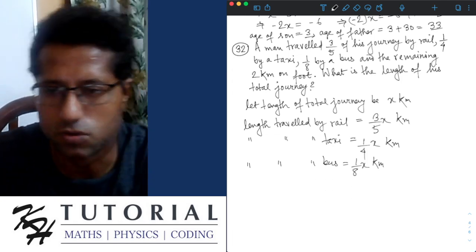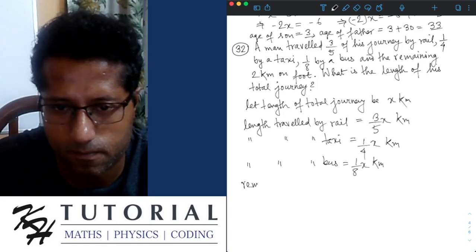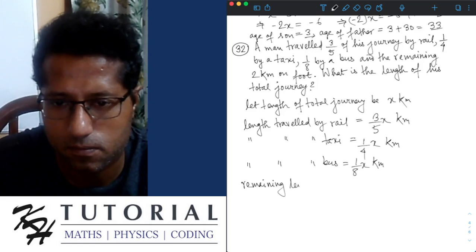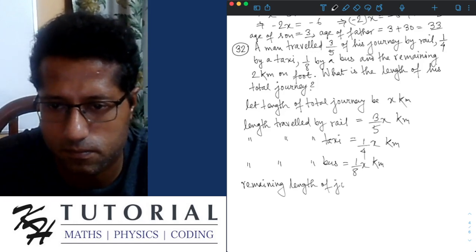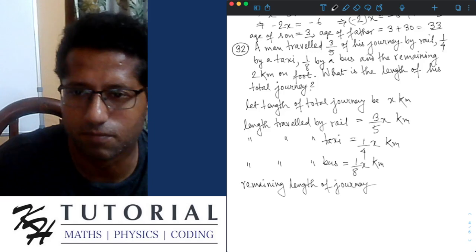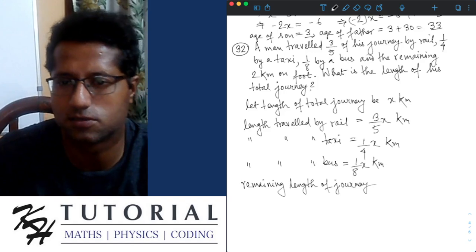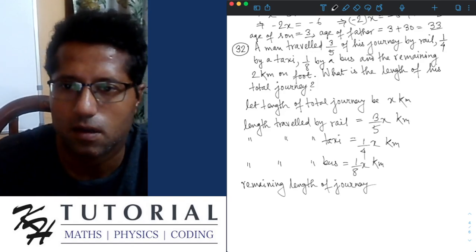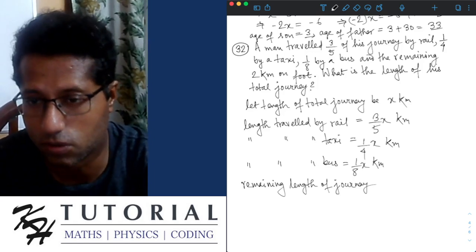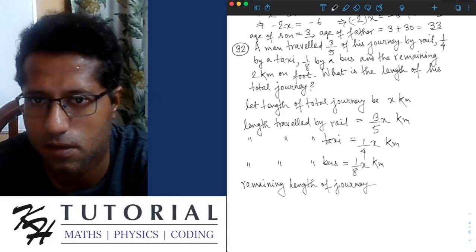Okay, so what is the remaining length? Let's find out. The remaining length of journey. See, if the man has traveled 3/5 x by rail, 1/4 x by taxi, and 1/8 x by bus, and the total length of the journey we have assumed to be x, then what is the remaining length of the journey that the man has traveled by foot?